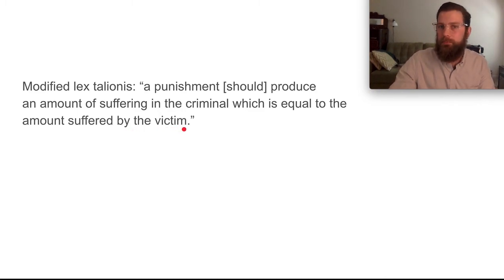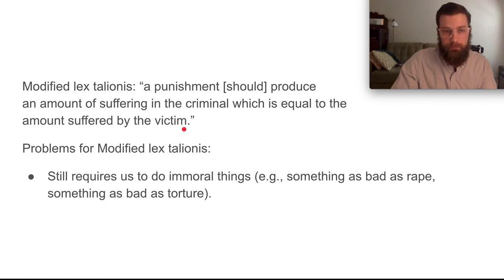Nathanson says we really still get the same problem, because if we have to do something other than a rape, which brings about an equal amount of suffering as you would get with a rape, you'd still be doing something horrifying and monstrous and barbaric to the criminal. So still no good, even when you modify lex talionis. So it's still going to require us to do immoral things.